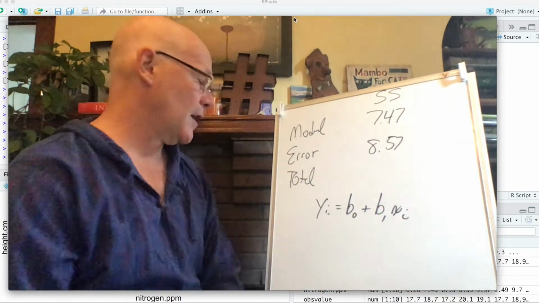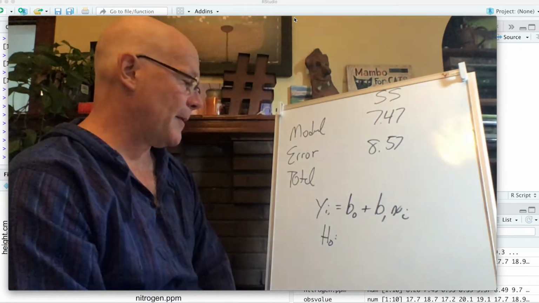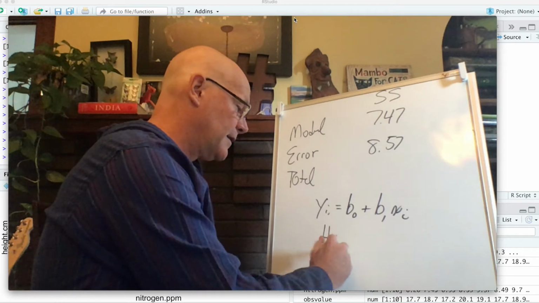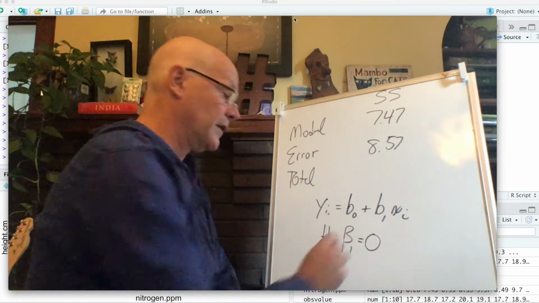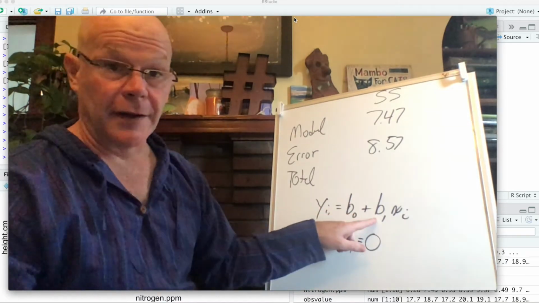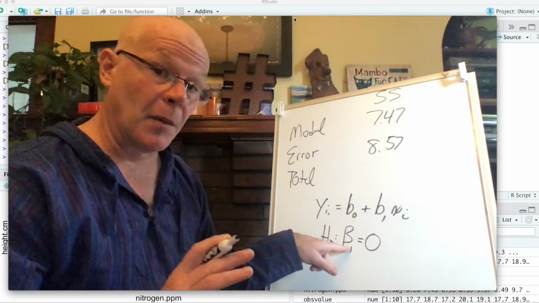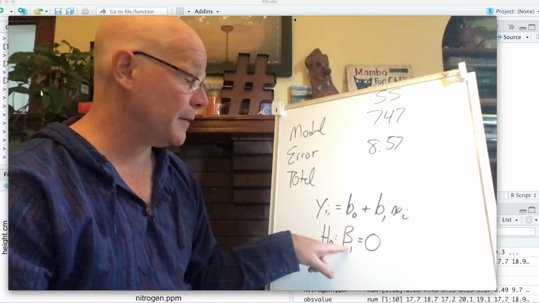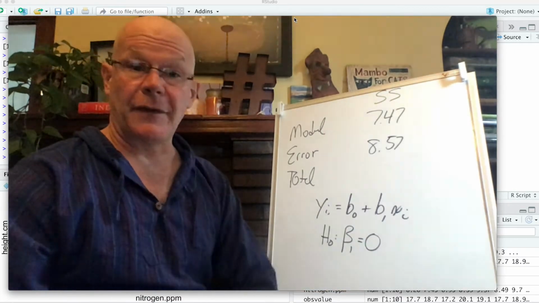Our statistical hypothesis, the null hypothesis, is going to be that the true beta 1 is equal to 0. And again, B1, that's our estimate of the true unknowable parameter, right? The population parameter. So our null hypothesis is going to be that there's no slope.